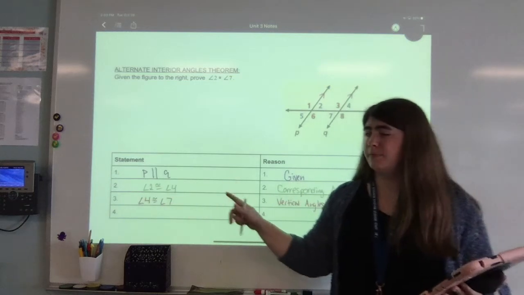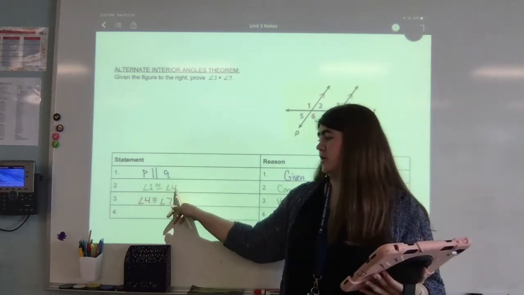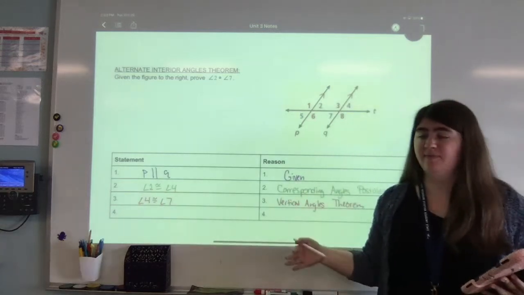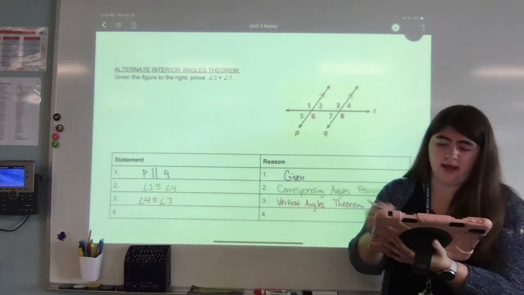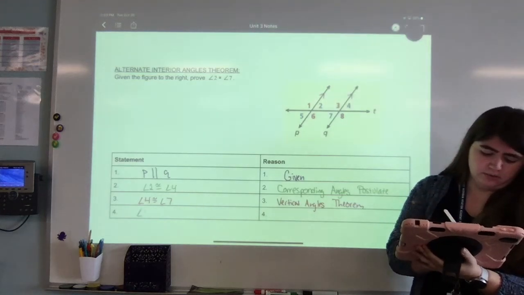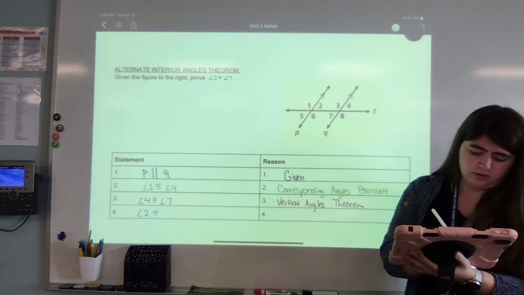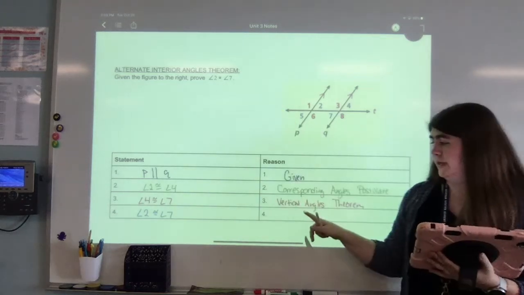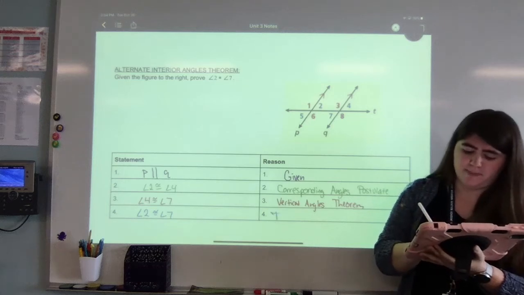The transitive property says this has this value and this has this value, so these two things must also have the same value. So for my last line I can say that angle 2 is congruent to angle 7, which is what we wanted to prove, because of the transitive property of equality.